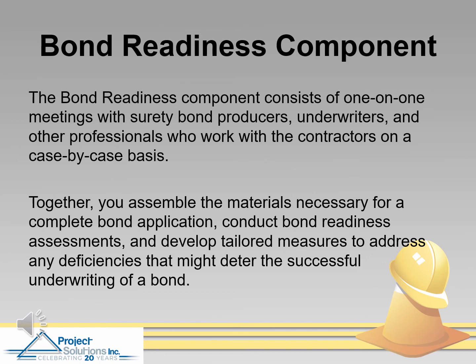Together, you'll assemble the materials necessary for a complete bond application, conduct bond readiness assessments, and develop tailored measures to address any deficiencies that might deter the successful underwriting of a bond for your firm.